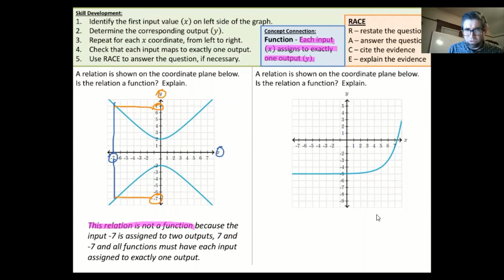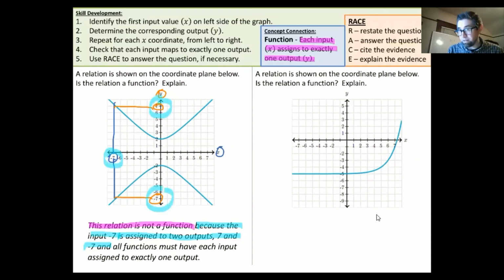But then I also need to go a little bit further. I need to cite some evidence. Like, what are the numbers that tell me it's not a function? Well, it was this -7, +7 deal here. So here's me citing my evidence. Because the input -7, my input here, is assigned to 2 outputs, 7 and -7, here and here, that's not a function.